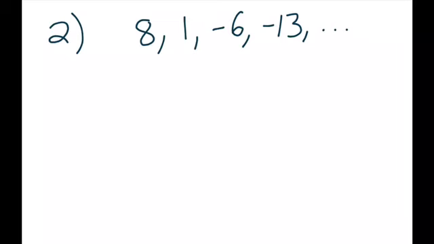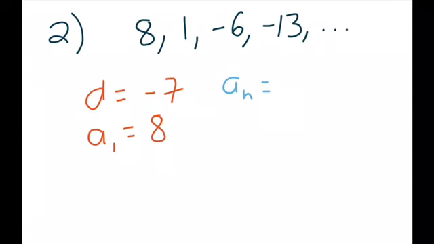So first of all, we had to figure out what D was and a sub 1. D is negative 7, and a sub 1 is 8. Now we need to take those and plug those into the explicit formula. So we have a sub n equals 8 subtract 7 parenthesis n subtract 1.